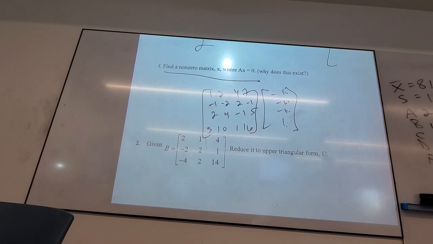If A has full rank, then it covers the entire space. There's only one combination that can make it 0, because other combinations make other elements of that space. So, if I don't have full rank, then AX equals 0 will have more than just what we call the trivial solution, which is just a matrix of zeros. Okay.